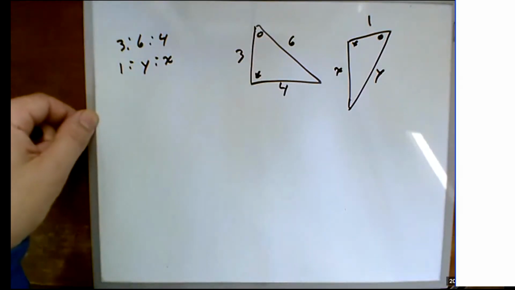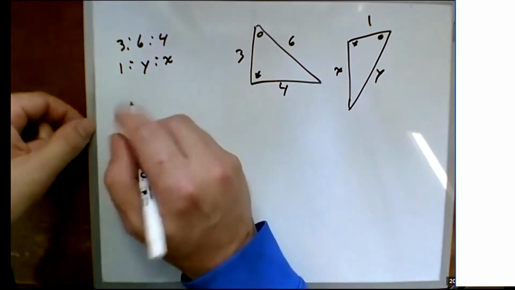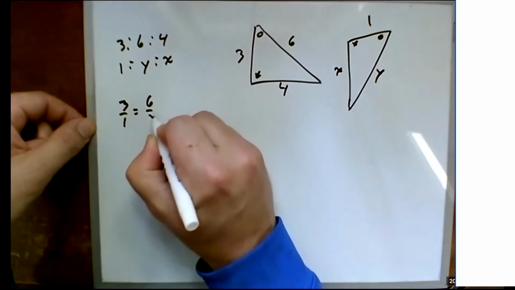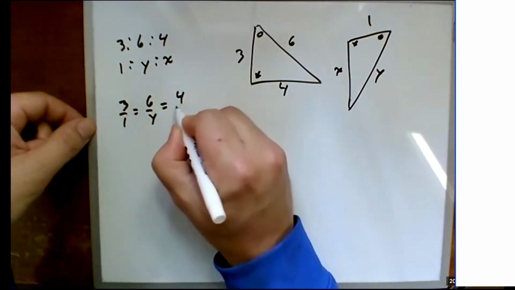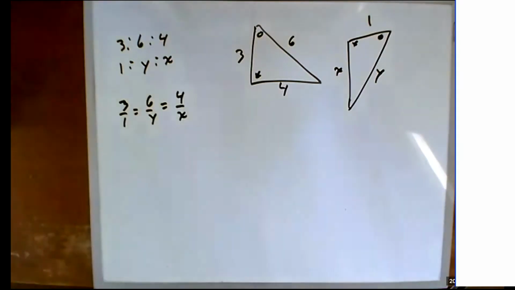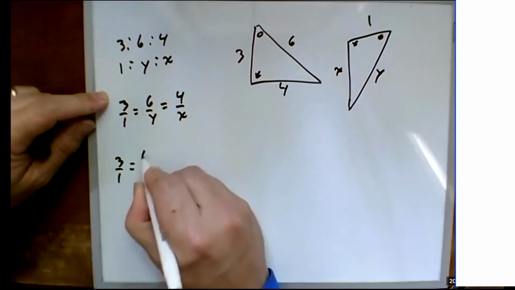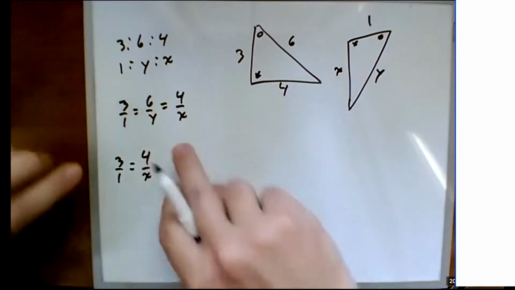And then I turn those into equivalent fractions, and I end up with 3 over 1 will be equal to 6 over y, which is equal to 4 over x. And then we carry on exactly the same way that we do with any of our other ratios. I'm going to take my 3 over 1, and I'll solve for x first. So I'll put this with x over 4.